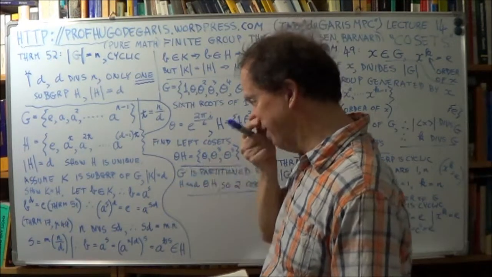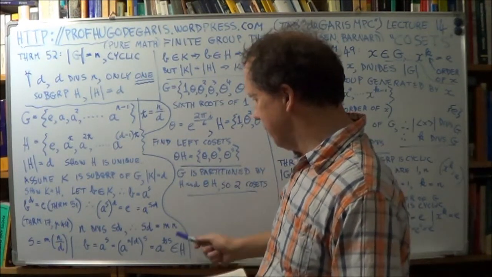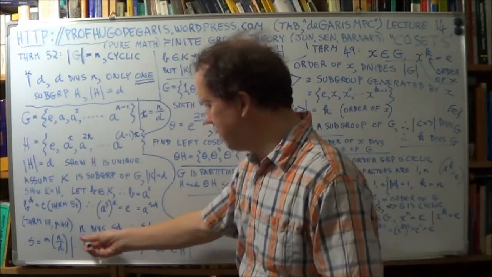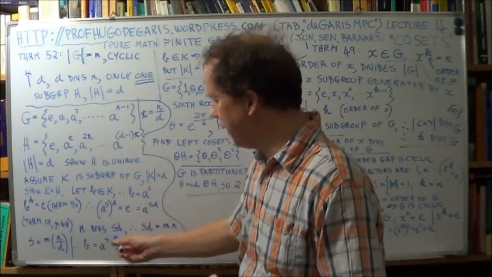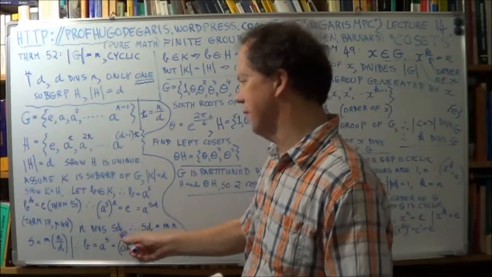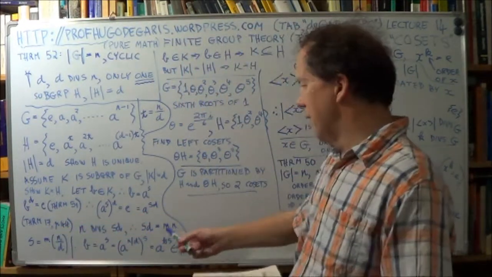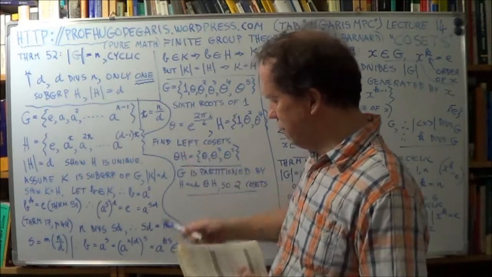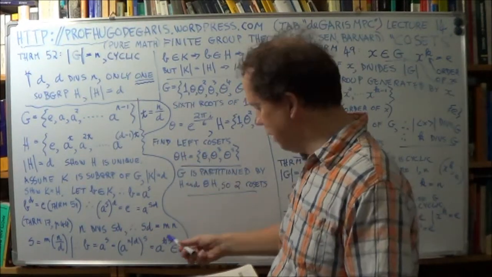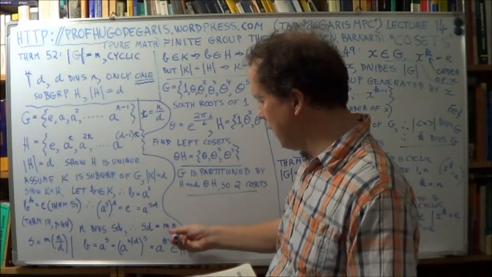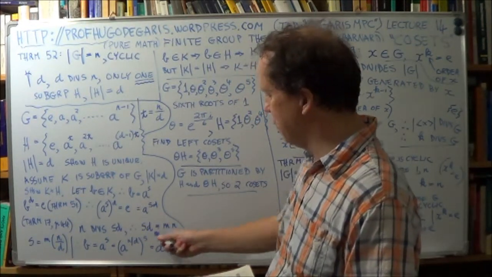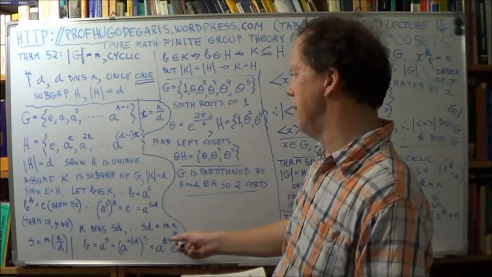That was the theorem. So if n is a factor of this SD, and that's what theorem 17 says, then you can rewrite SD as some integer multiple of n. So SD is of the form mn.